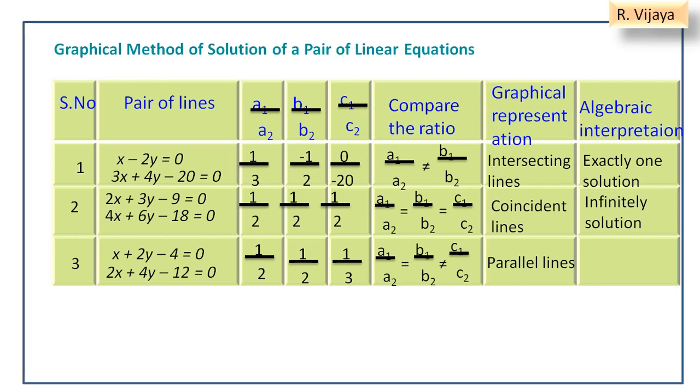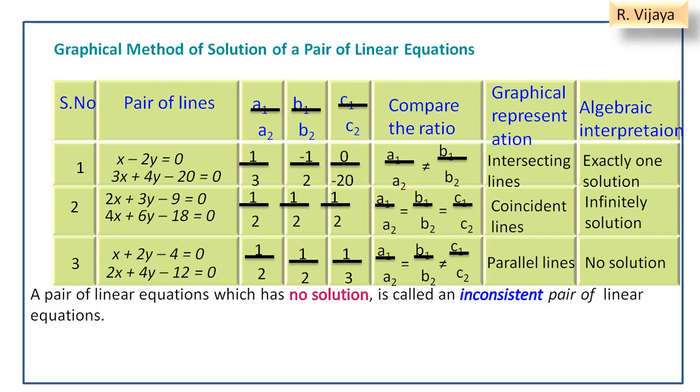The algebraic interpretation will be no solution. So from the pair of linear equations, using these ratio values a1 by a2, b1 by b2 and c1 by c2, we can predict the graphical representation and algebraic interpretation.